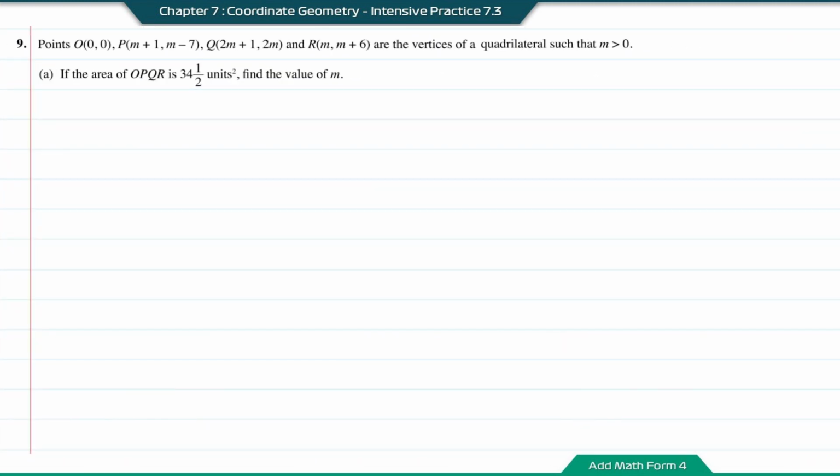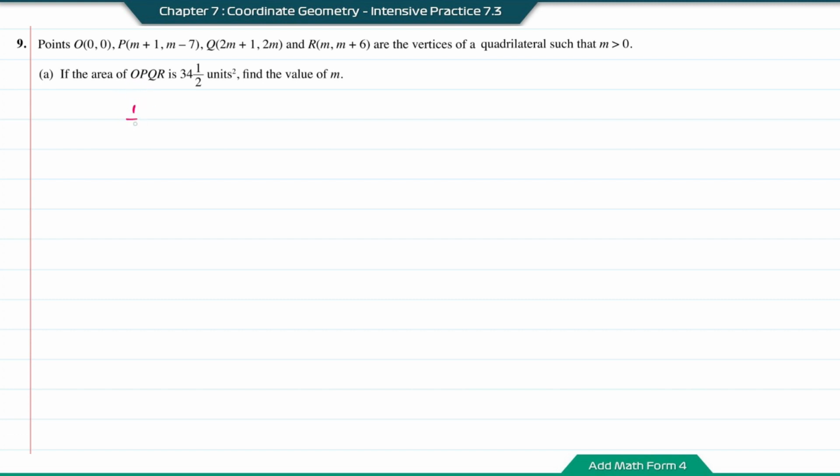Question number 9. Points O, P, Q, and R are the vertices of a quadrilateral such that m is greater than 0. If the area of OPQR is 34½ unit square, find the value of m. So here we're going to find the area using the shoelace formula, and we are going to arrange the coordinates according to the points OPQR.